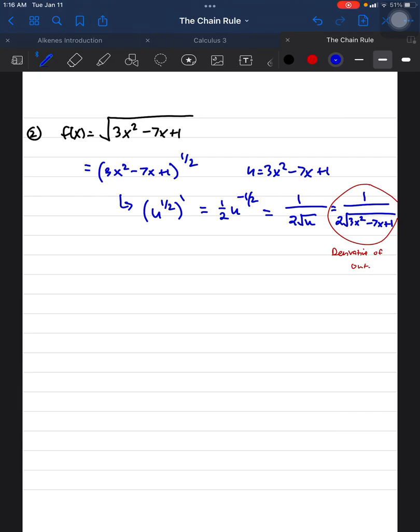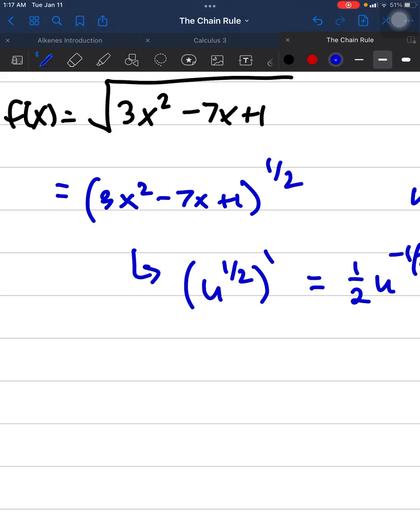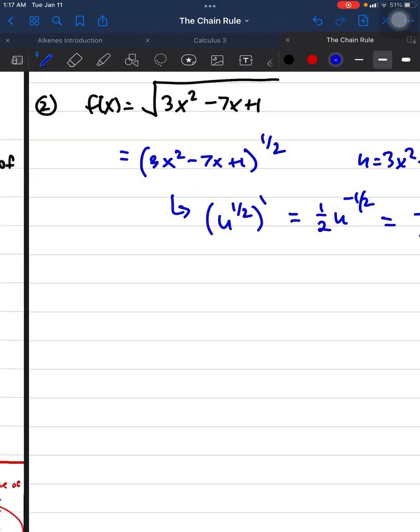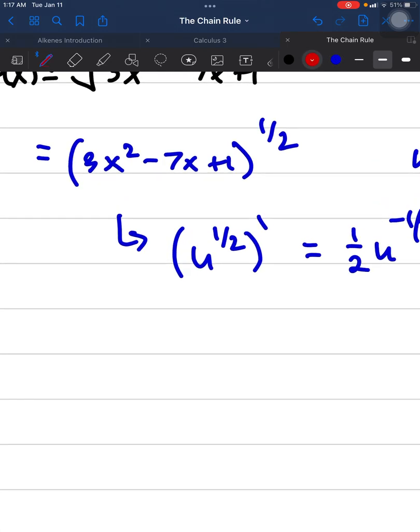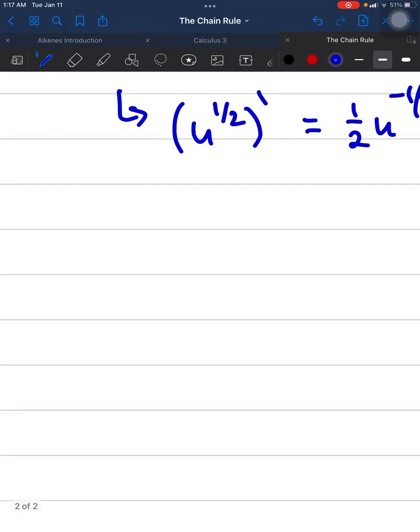Now, going back here, now that we have the derivative of the outside function, we need to find the derivative of the inside function. Since we rearranged this problem so that it's obvious that we have an inside function and an outside function, now we can take the derivative of the inside function, which is 3x squared minus 7x plus 1.